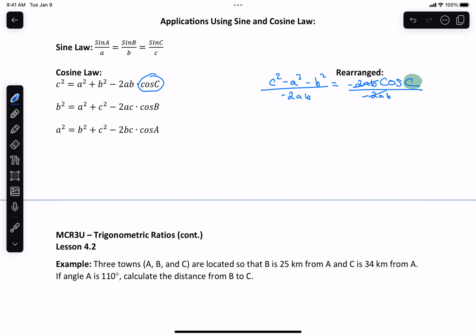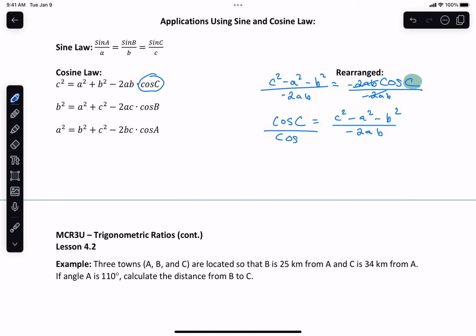We're left with the cosine of C is going to equal C squared minus A squared minus B squared, all divided by negative 2AB. Is C isolated? You could inverse both sides by cosine. Yeah, I remember yesterday, in order to get C by itself, I'd divide both sides by cos, right?